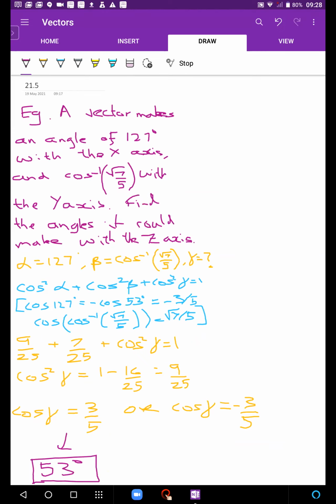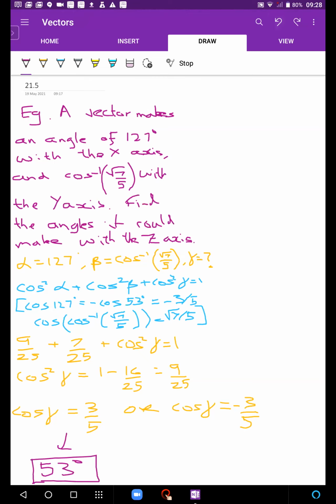Just a minute. Sir, but it is cos square beta, so it should be cos... What? Just a minute. First and foremost, cos beta is cos inverse root 7 by 5.